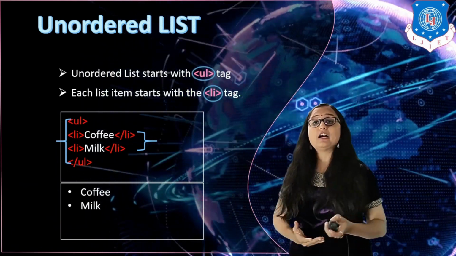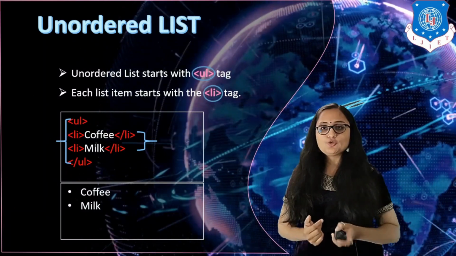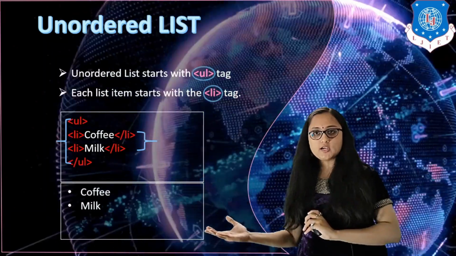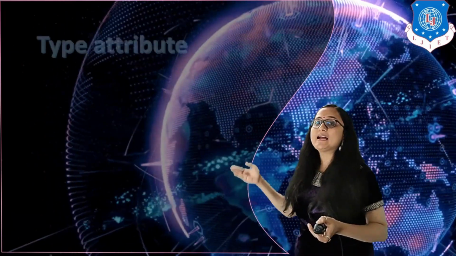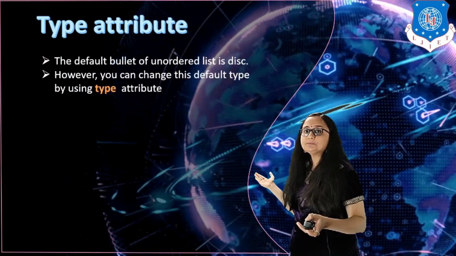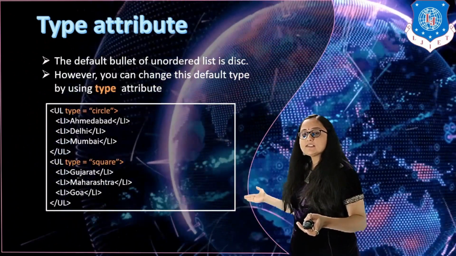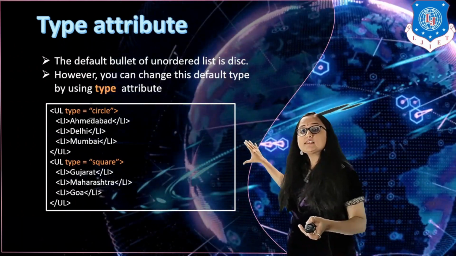Now, what if I want to change the type of this bullet? You have two more options. You don't have a number of options in unordered list. You have only two more options, which are supported by the type attribute of unordered list. Which are they? This is a piece of code which I have written, and here I have mentioned two separate UL.